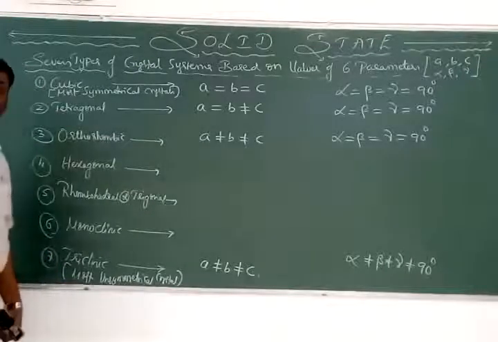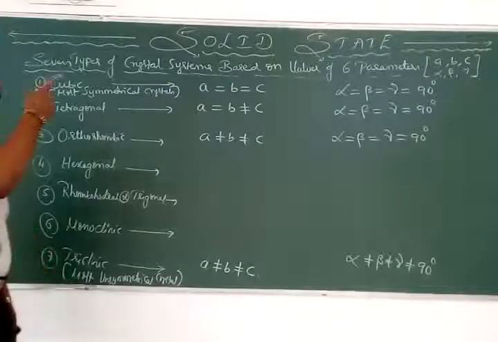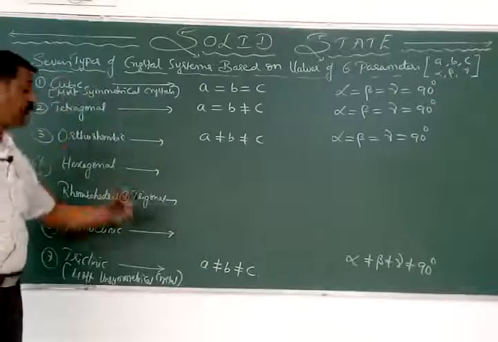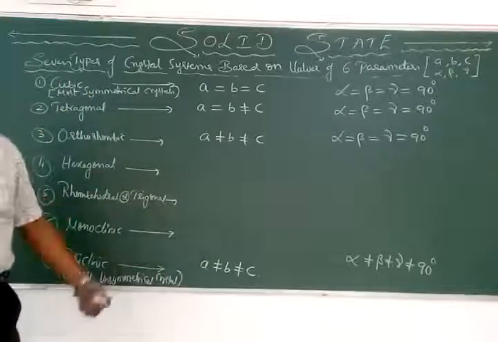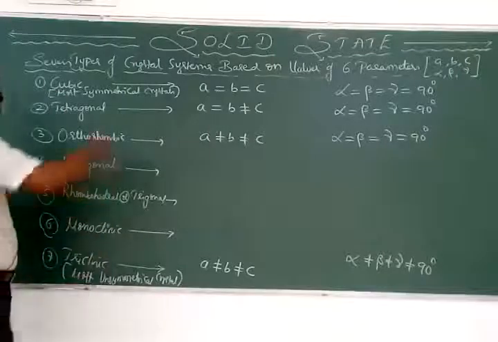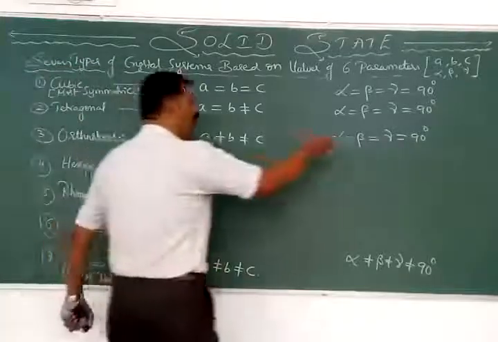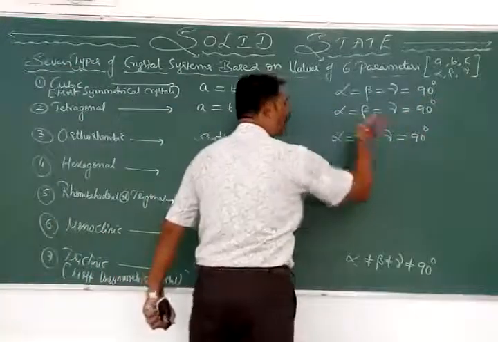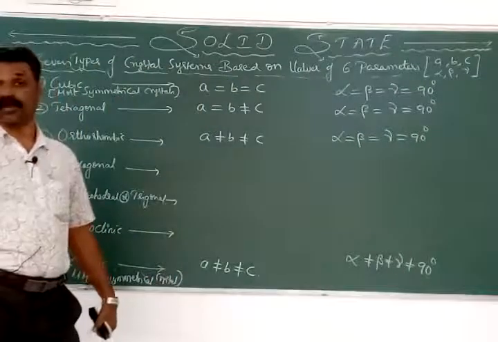What is that? The most symmetrical means all edge lengths and all axial angles are equal and all are equal to 90 degrees, which refers to cubic. If all edge lengths are not equal and all axial angles are not equal and not equal to 90 degrees, that is called triclinic. Next, compare the cubic with the tetragonal and then the orthorhombic. In all three cases, all the axial angles are equal to 90 degrees, that is mutually perpendicular.